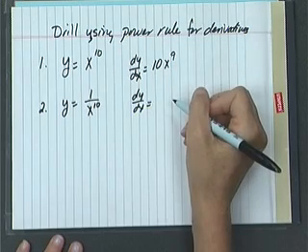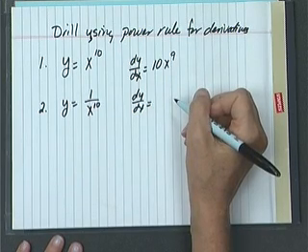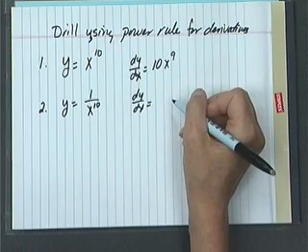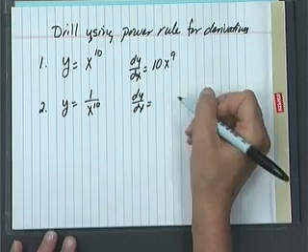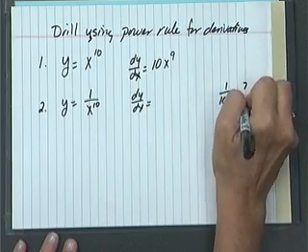Okay, what is it? -10 times x raised to -11. -10x to the 11. What's 10 to the 9 over x to the 11? Okay. What's that, 1 over 10x to the 9? 10 over x to the 9.